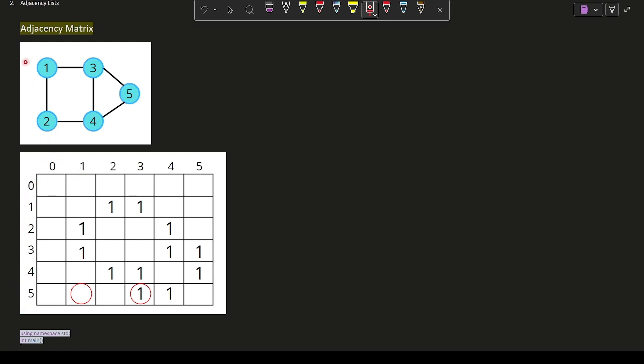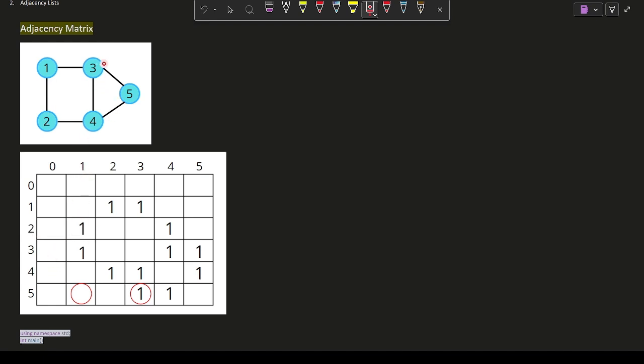Suppose here 1 and 2 are connected. This is an undirected graph, so it is connected in both directions. So here at (1, 2) this is connected, so put 1. Similarly, (2, 1) is also connected, so (2, 1) gets 1.